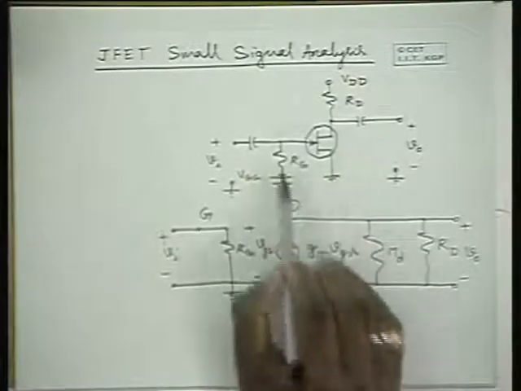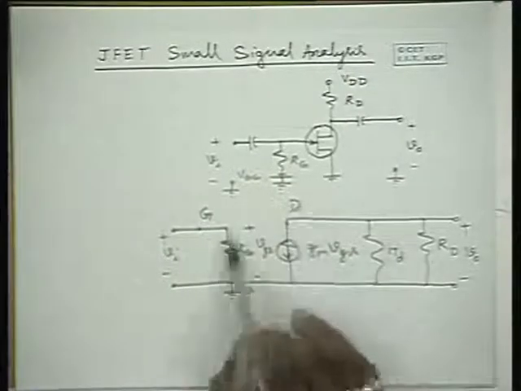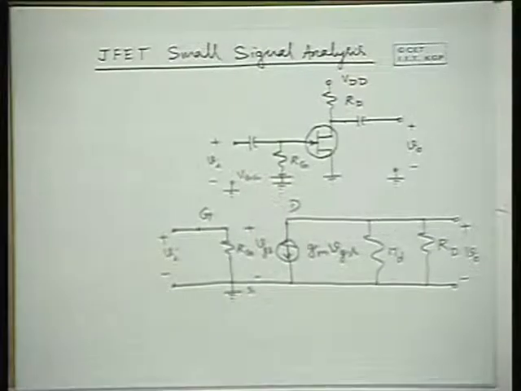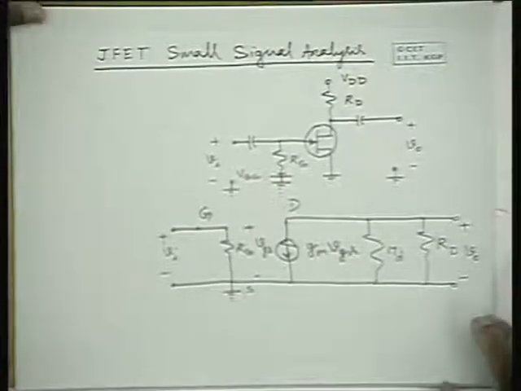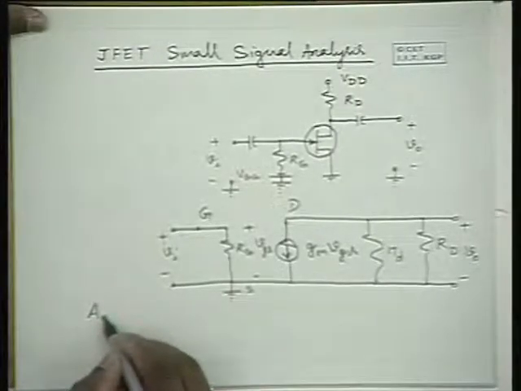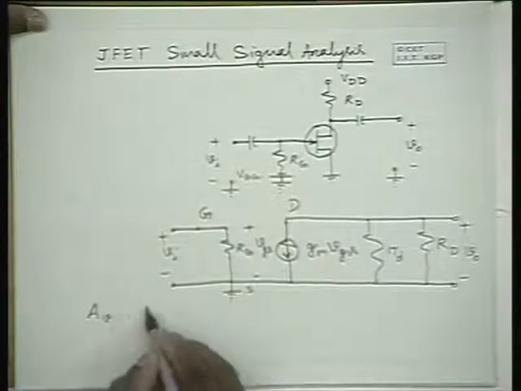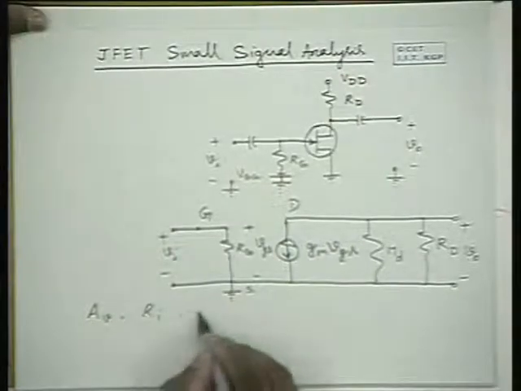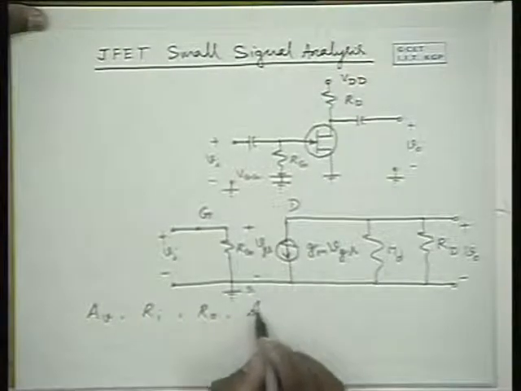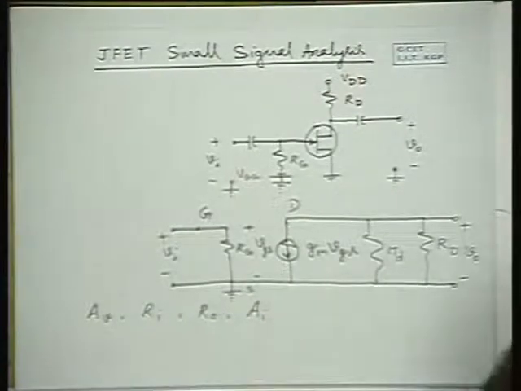So here we have replaced the FET by its equivalent circuit, and the rest of the circuit is also included. Now our interest is to find the voltage gain, input impedance, output impedance, and the current gain if applicable.